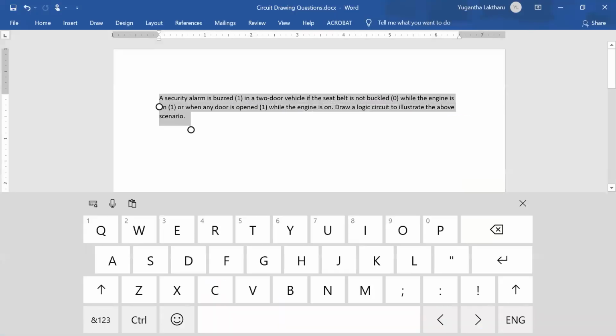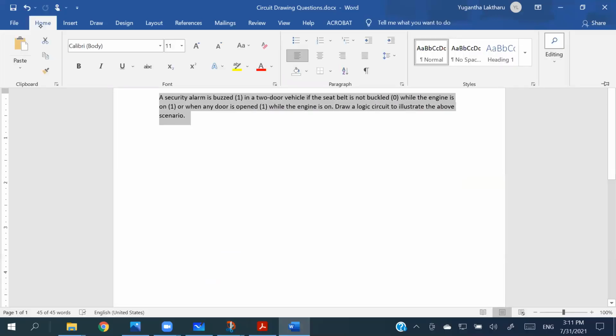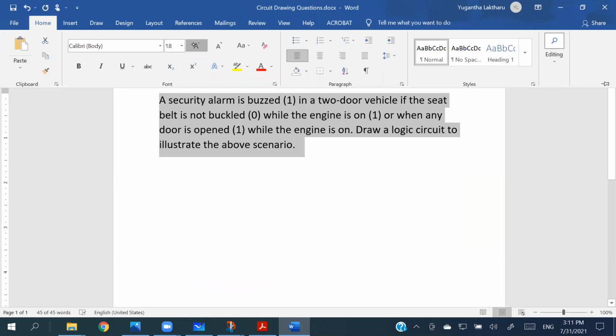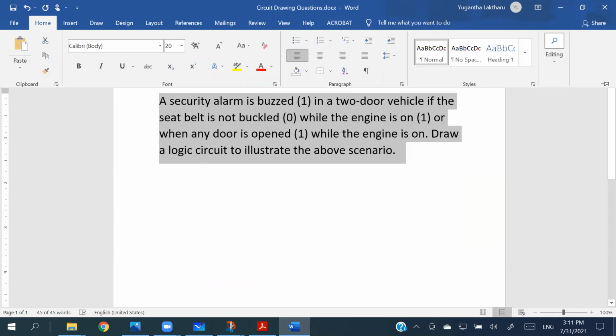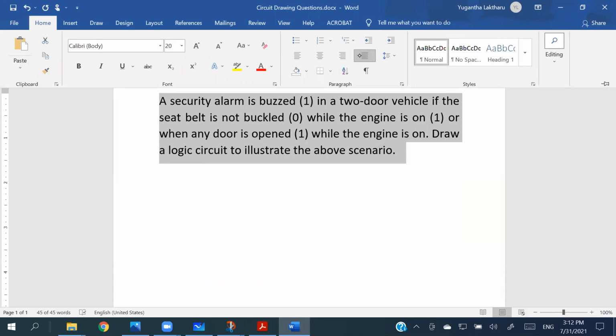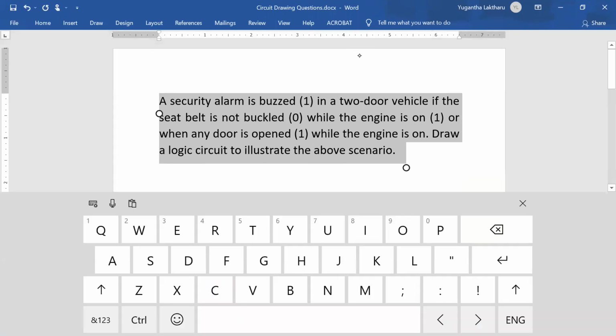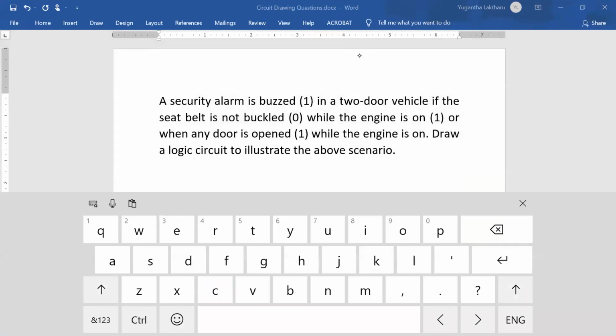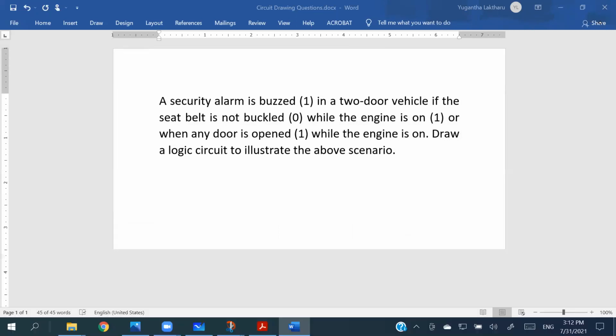All right, I was just typing this out, so let me increase the font size. Okay, so I need you to design a circuit for this.